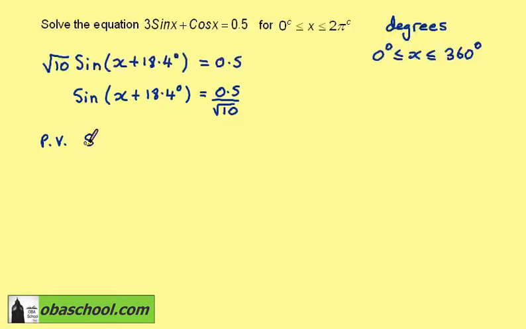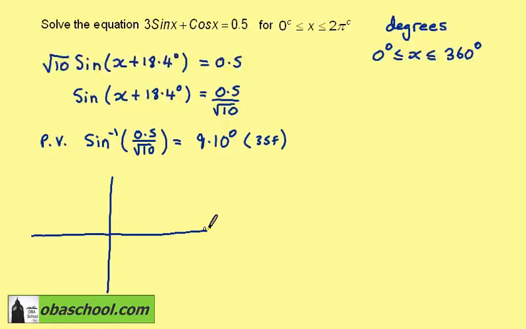Looking for our principal value, we need to evaluate the inverse sine of 0.5 divided by root 10. This gives us 9.10 degrees, correct to 3 significant figures.